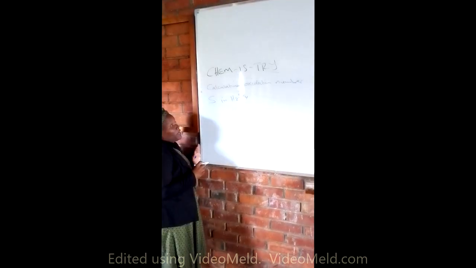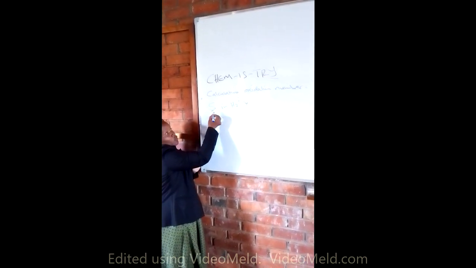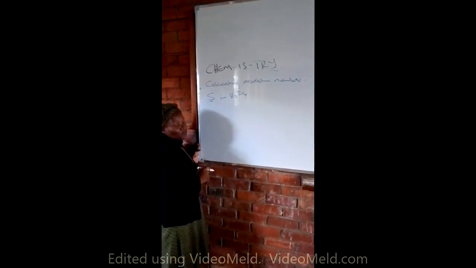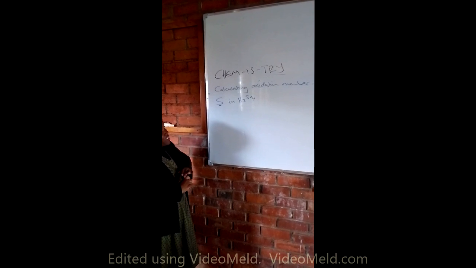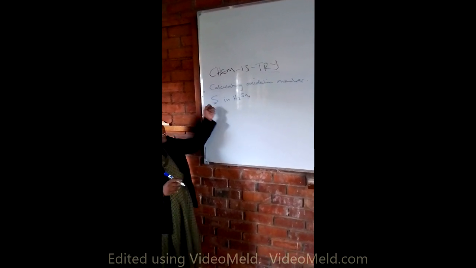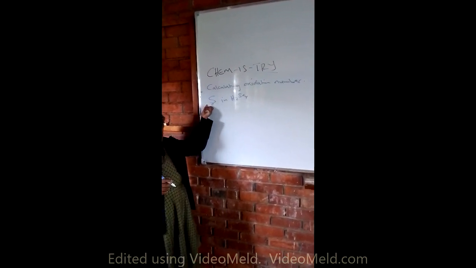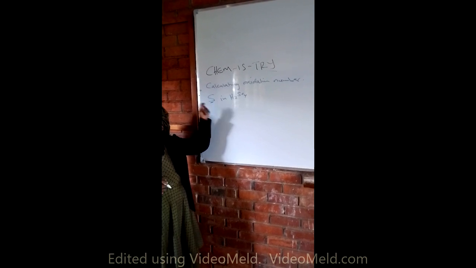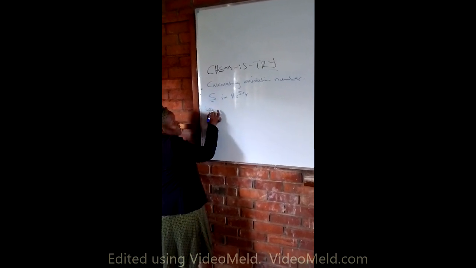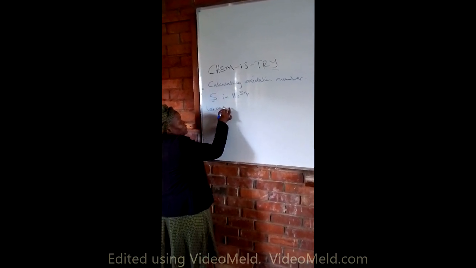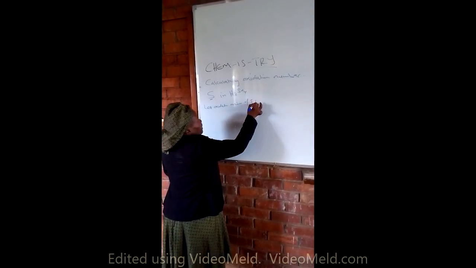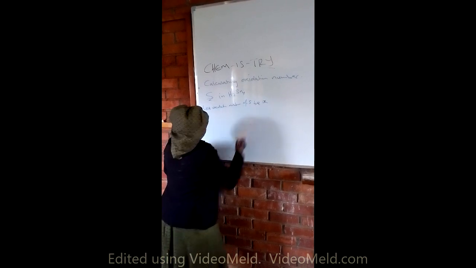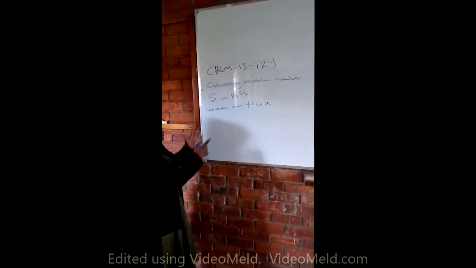The working that we are going to do is, first we assign any letter of the alphabet to represent the oxidation number of sulfur. So let the oxidation number of sulfur be, I like X. Okay, so let it be X.